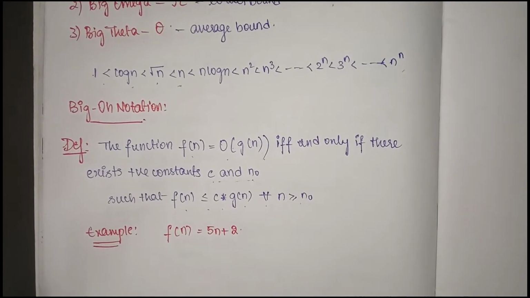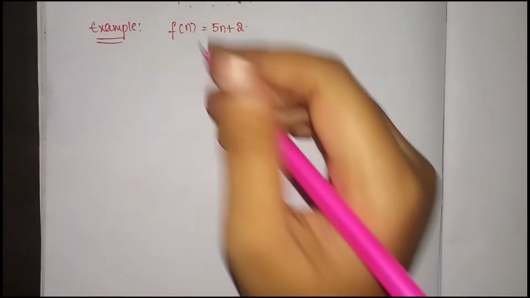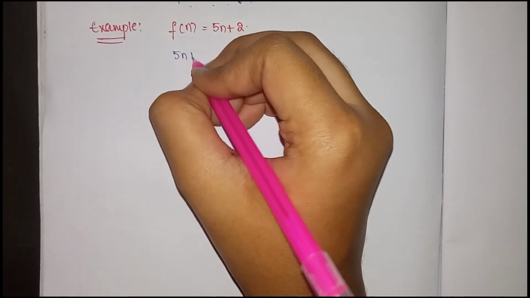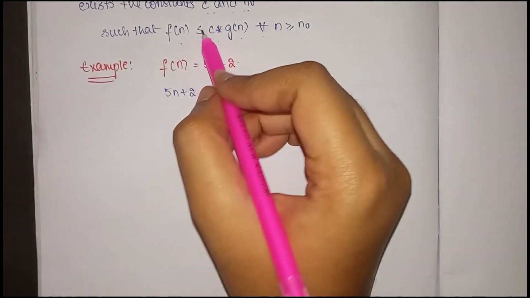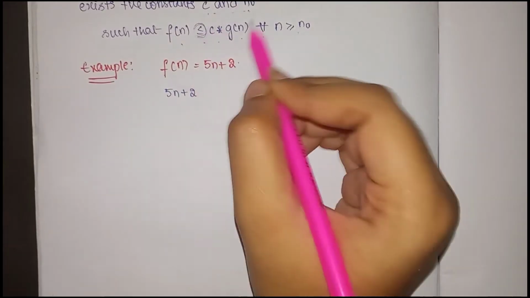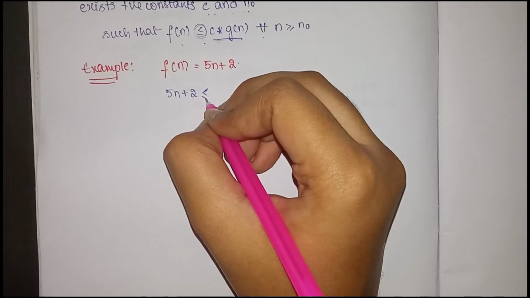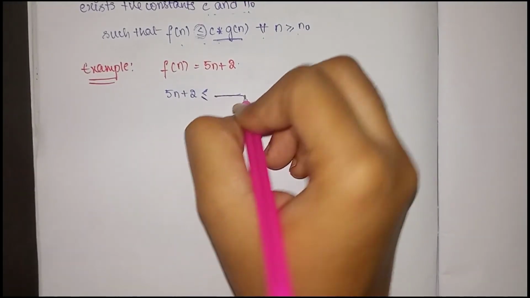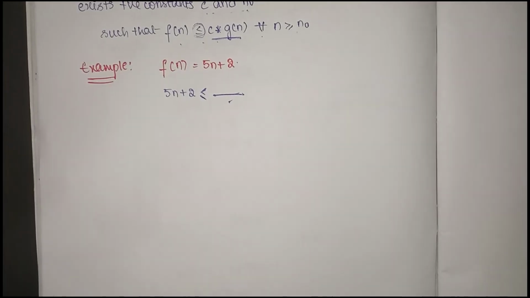Now what I need to do is take this 5n plus 2. Here, according to the condition, my f of n should be less than or equal to C into g of n. So 5n plus 2 less than or equal to C into g of n. Here I don't know what to put, so I'll take some random number.